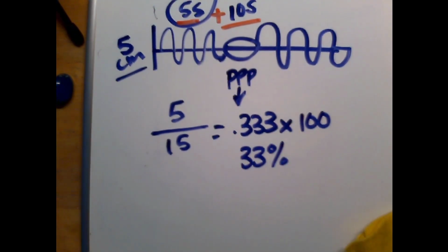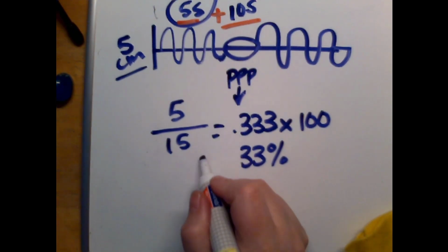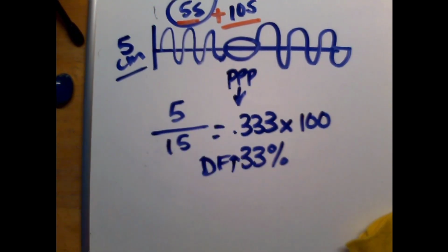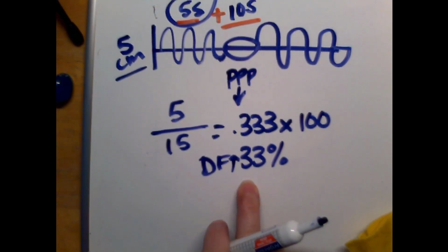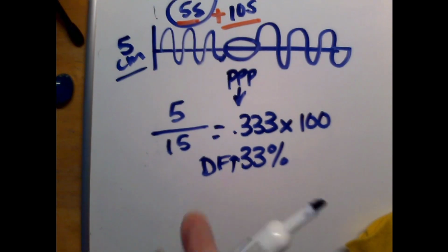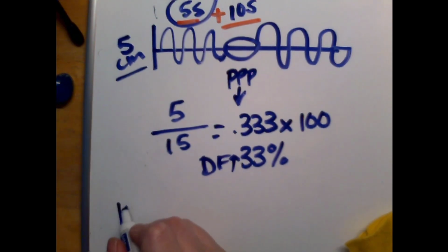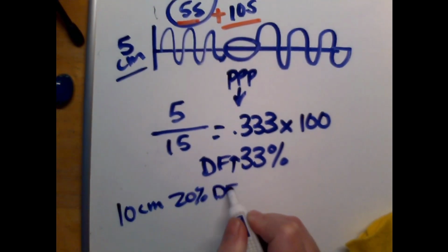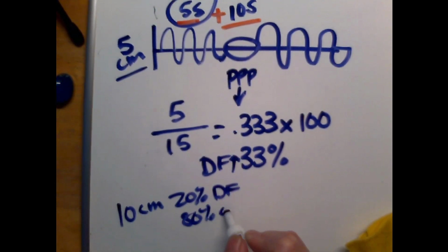So now we decreased our depth, which means we've increased our duty factor. The duty factor is on more. Now the machine is sending pulses 33% of the time and only listening 67% of the time. Okay. So before, with our 10 centimeters, it was pulsing 20% of the time and off 80% of the time, we're listening.